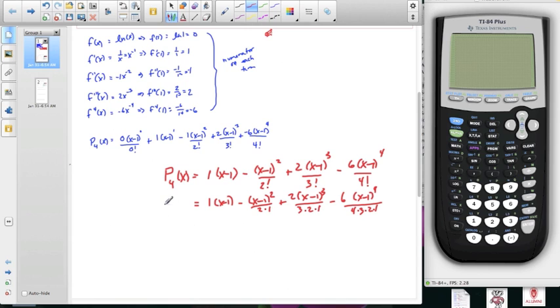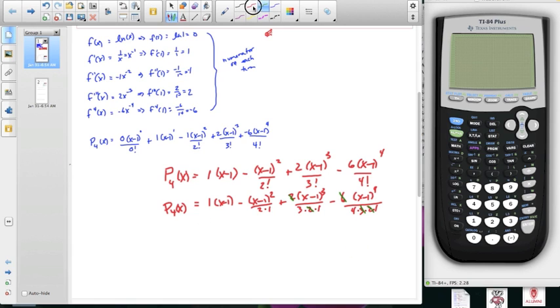As we look at that polynomial expression, we can see that we have a 2 in the numerator here, and that will cancel with the 2 in the denominator here. So we're just simplifying a little bit. A 6 in the numerator here will cancel with the 3 and the 2 there.